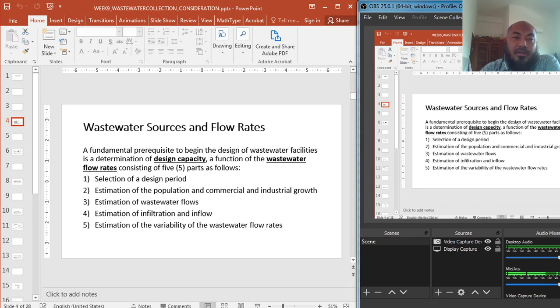Number four is estimation of infiltration and inflow.